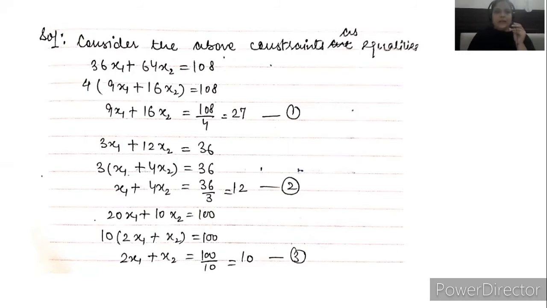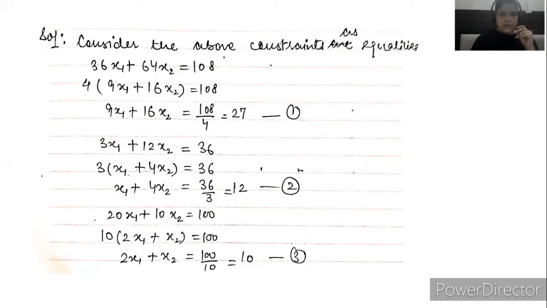You will get 9x1 plus 16x2 is equal to 27. First equation. Second constraint is 3x1 plus 12x2 is equal to 36. Take 3 common from the left hand side and divide it on the right hand side. The equation becomes x1 plus 4x2 is equal to 12.